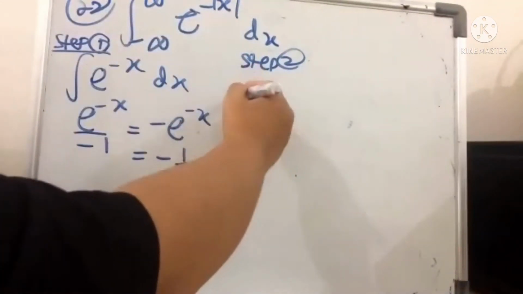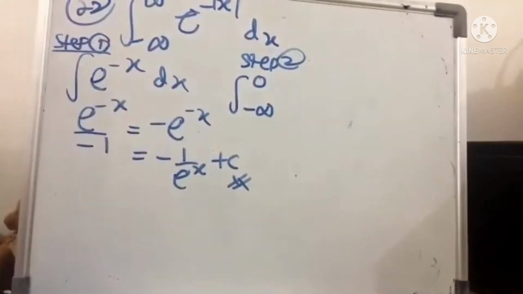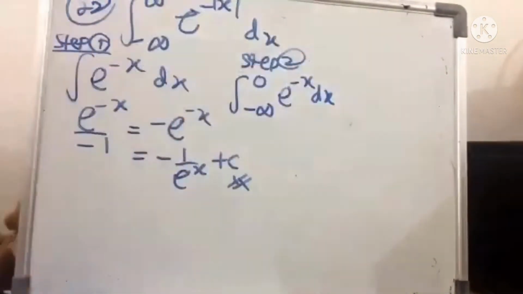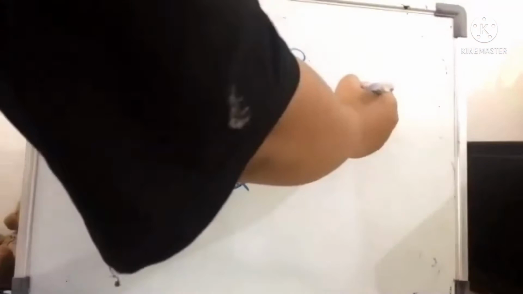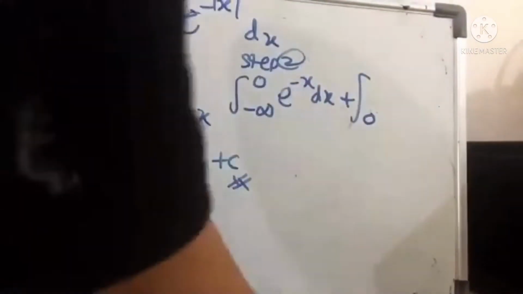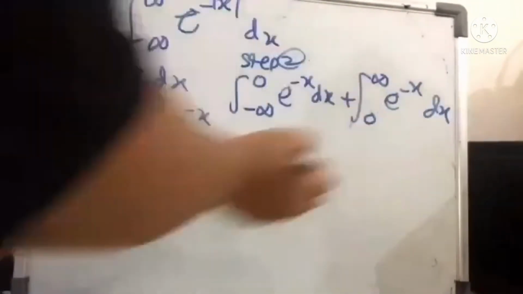We have to change to negative infinity to 0. Usually we use 0 as the number a. So here is the integral of e to the power of negative x dx, plus the integral from 0 to infinity of e to the power of negative x dx.